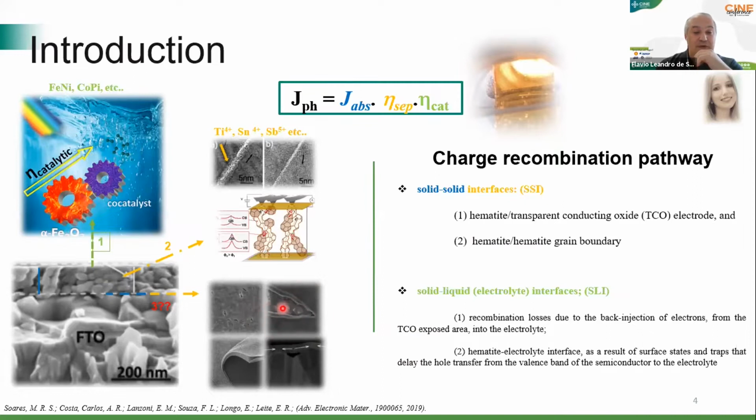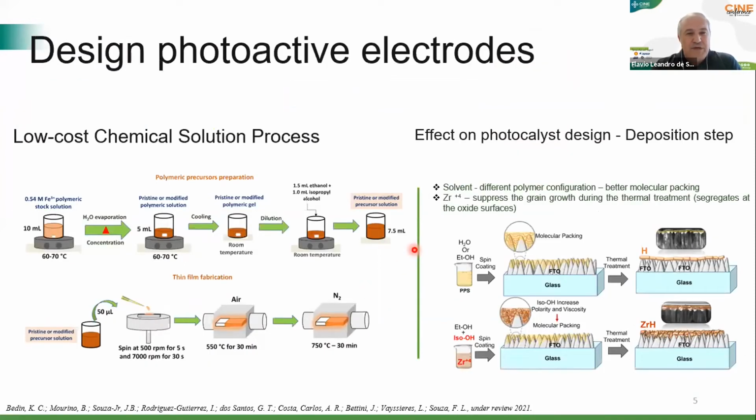When you prepare a polymeric solution and then perform the thermal treatment, you can have a lot of problems in terms of cracks, adhesion and contact. You need to have a good contact between the photocatalyst and the substrate. Also, you need effective charge separation. So we have been working with an easy and scalable process to do that, and to think about large scale materials in the future.